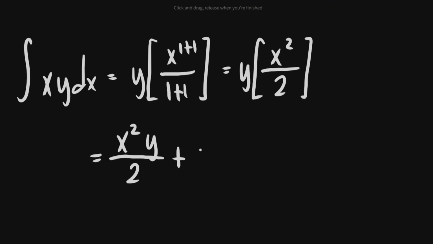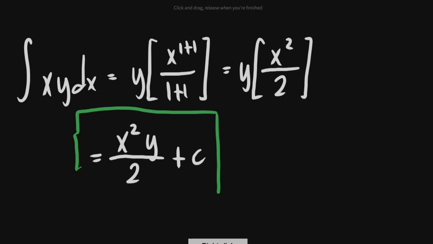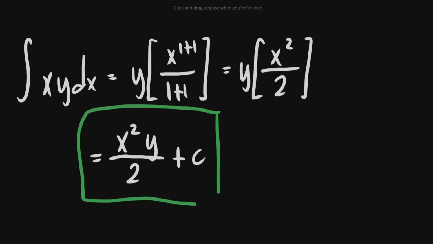And don't forget the plus c. Yeah, it's really that simple. So to recap, we only integrated the x just because here in the dx there is an x. If here was a y, we should only integrate the y.